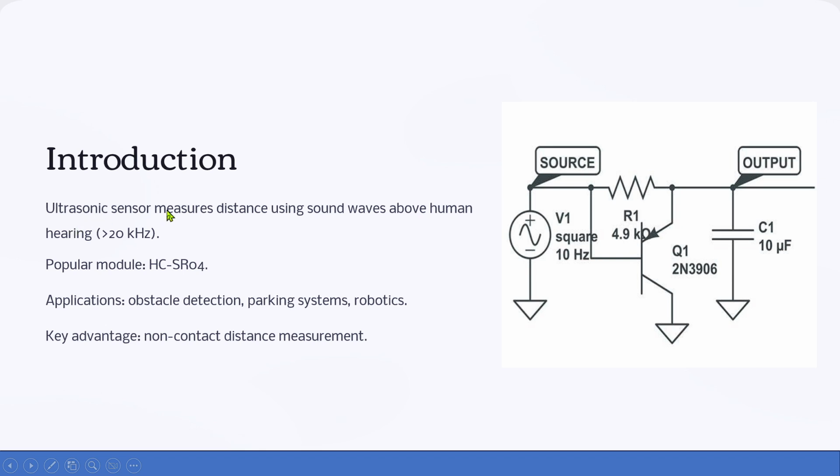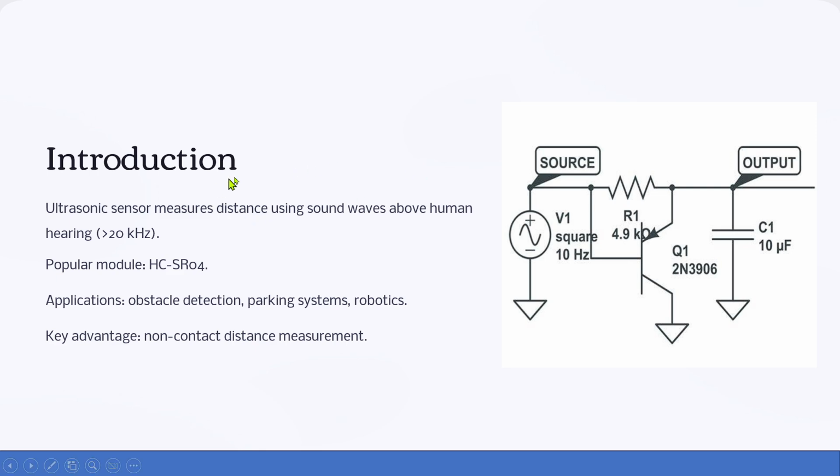The ultrasonic sensor measures the distance using sound waves above human hearing. Which means it is going to send a particular frequency of sound, and using that it is going to measure the distance. I will show you how it measures the distance by sending the sound waves.